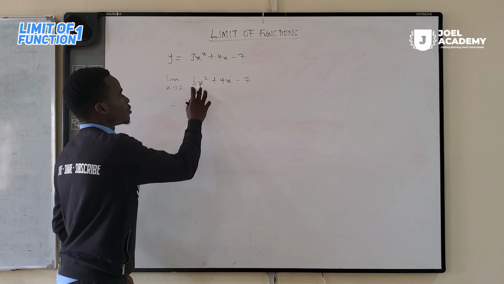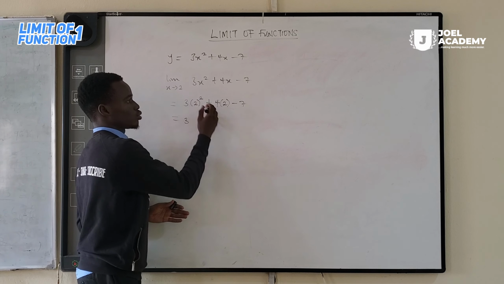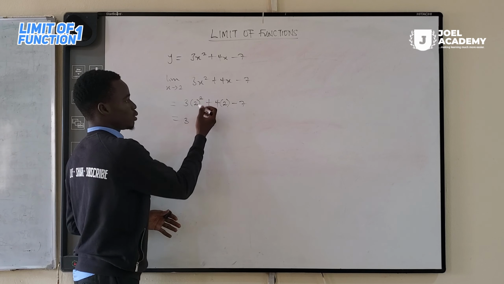We have 3 here. We see x here, it means we are replacing it with 2. Then we have squared plus 4. We see x here, we replace it with 2, and then minus 7. Solving further, we have 2 squared, not 2 times 2, but 2 multiplying itself in 2 places.